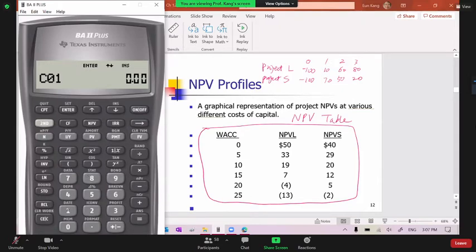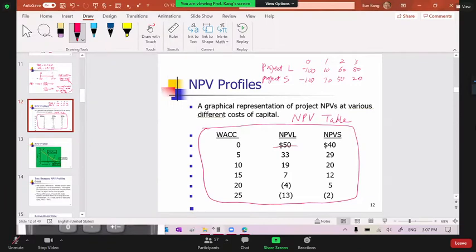C1 is 10. And C2 is 60. C3 is 80. Then go to NPV, then what? All you have to do is check that the net present value depends on WACC. So first 0, so down arrow, and compute 50, right?